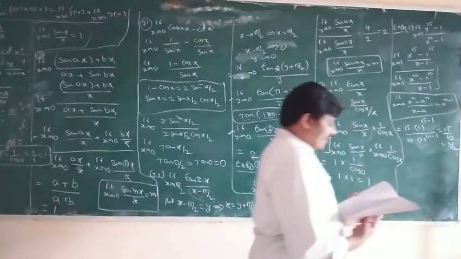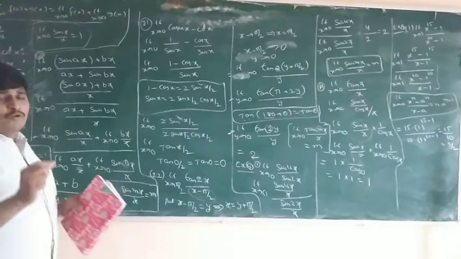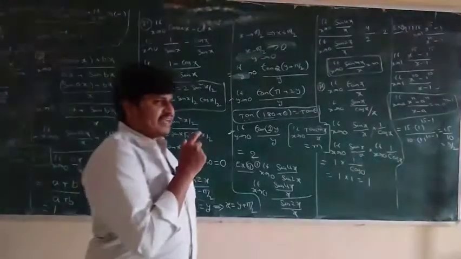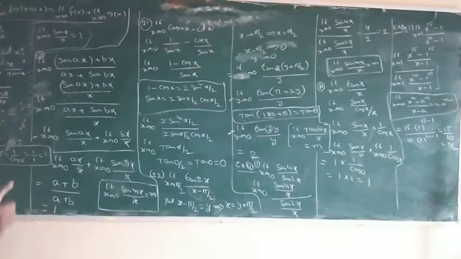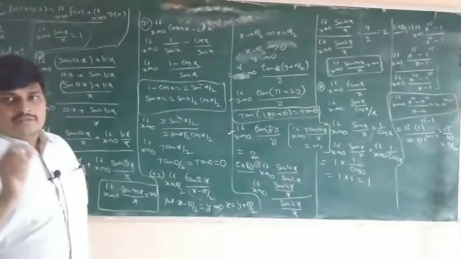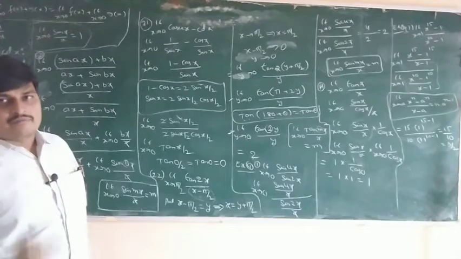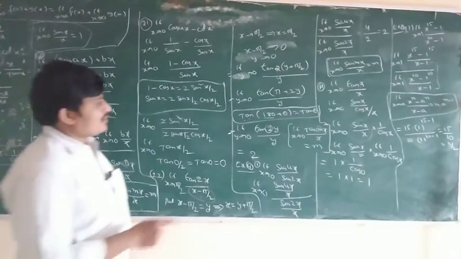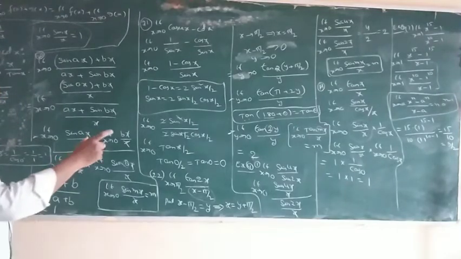So the remaining example problems are today's homework. What is the homework? In the exercise problems, all are completed; each and every one I explained. So if you are perfect with the first formulas and some more example problems, only this type of problems.